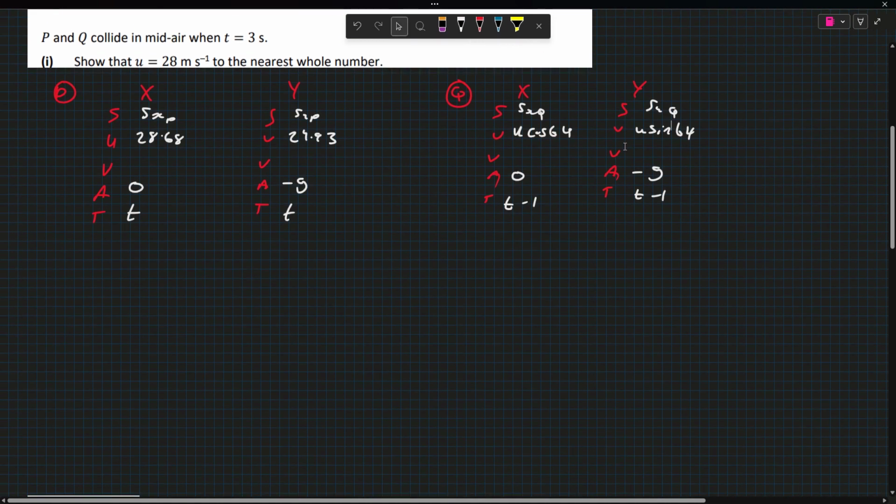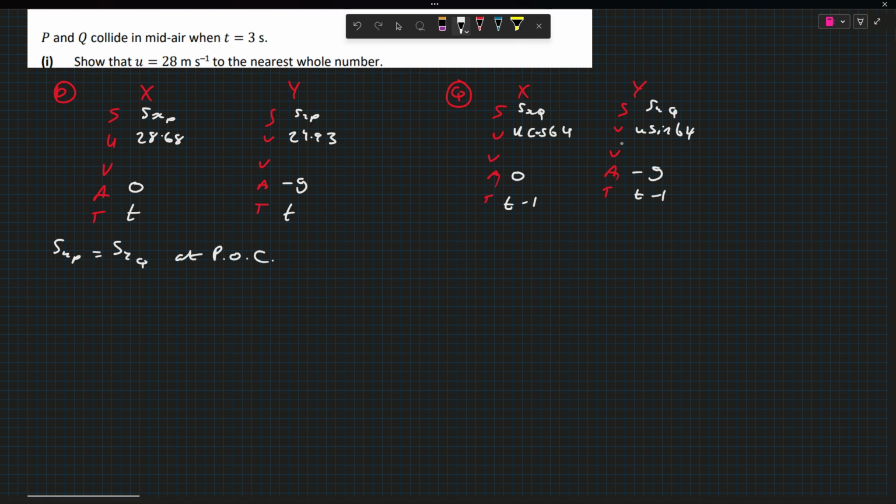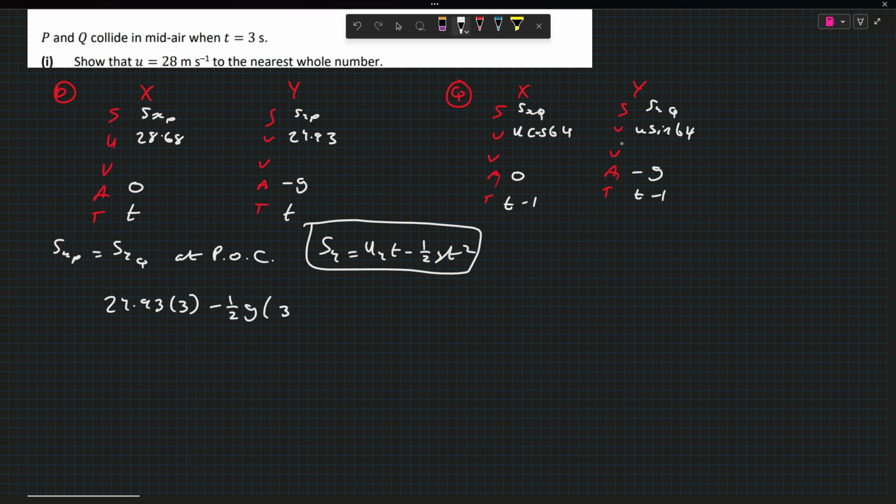So if they collide, then SYP is SYQ at the point of collision. Our key formula is uy t minus a half g t squared. So we have 24.93 times 3 minus a half g times 3 squared equals u sin 64 times 2 minus a half g times 2 squared.